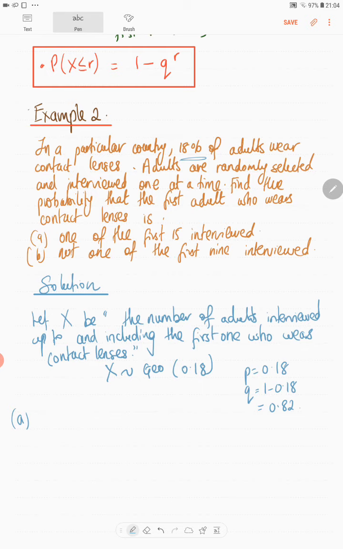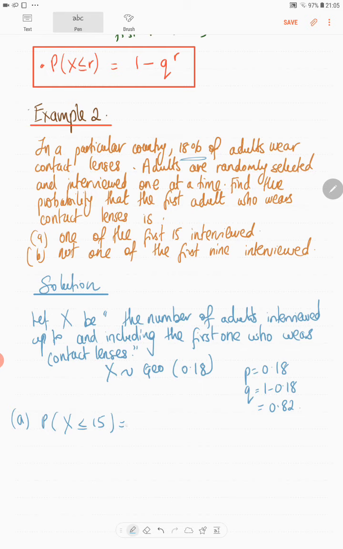It can be the first person interviewed, the second one, the third one, up to the 15th person interviewed. So one of the first 15 means he can be any one among the first 15. So here we have X less or equal to 15.